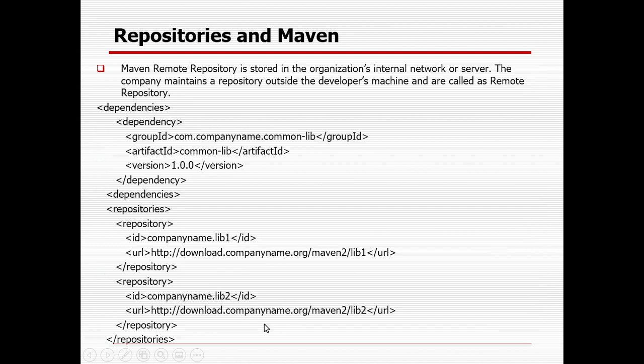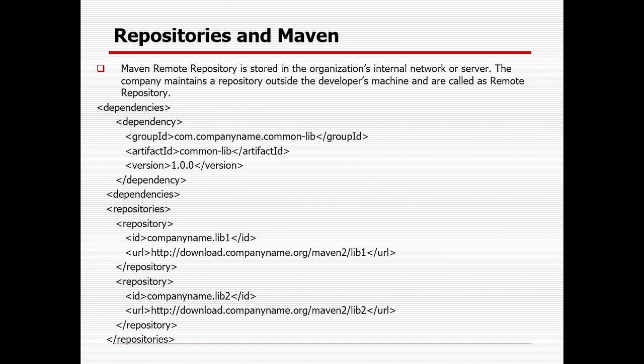So remote is nothing but this. Suppose on the open Maven site, right, there are 100 repositories available. But you are working for a particular organization, and that organization might customize something. Suppose in every organization, right, they have some in-house tool.